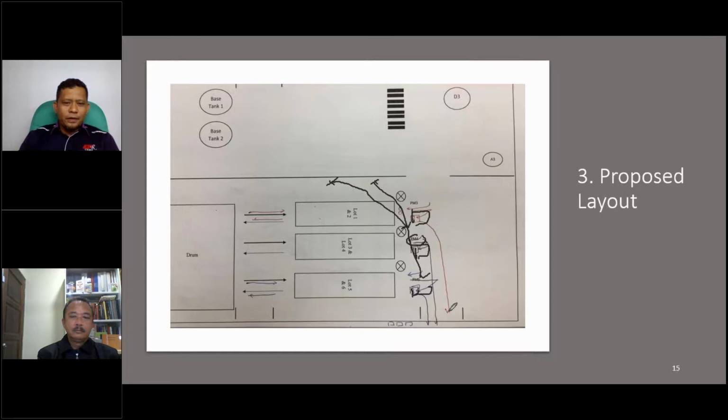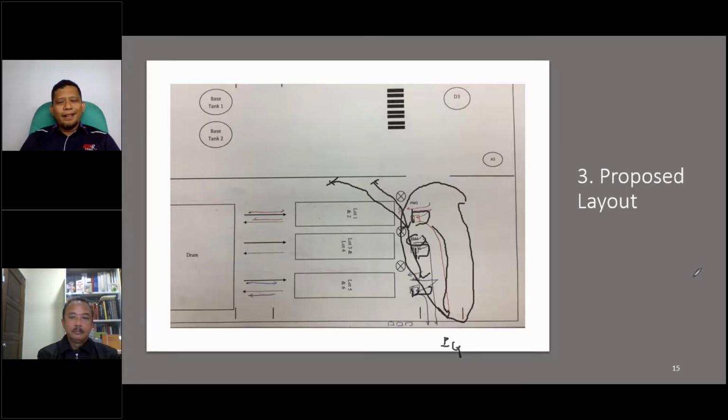This will be only the forklift route, out and in, to take the parts to the finished good store outside. They will bring the drum, and only the forklift will be placed around this area.